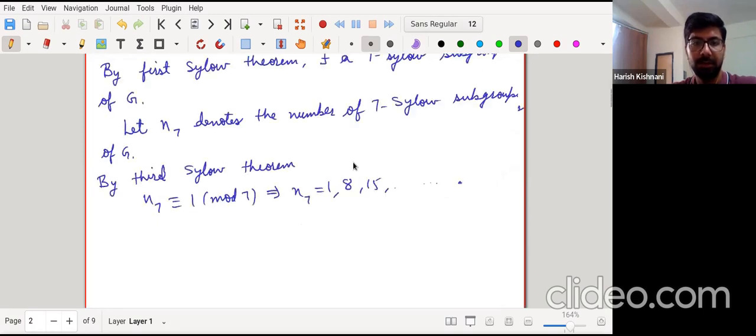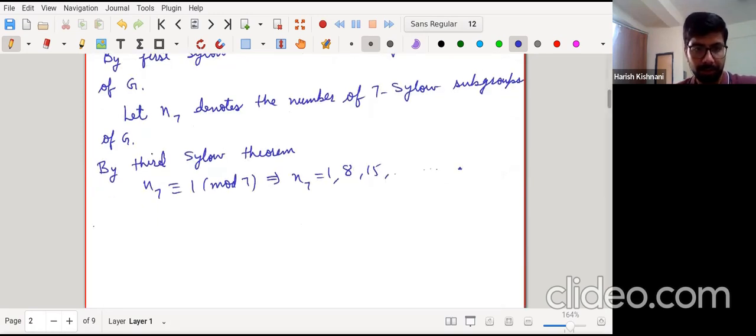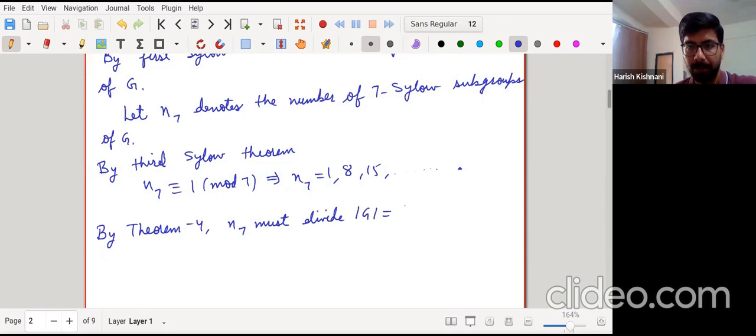So now we will use this theorem, theorem 4: n7 must divide the order of G, which is 168.